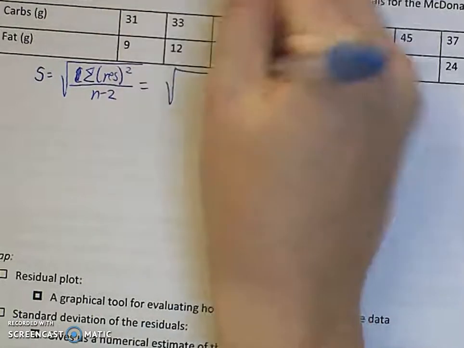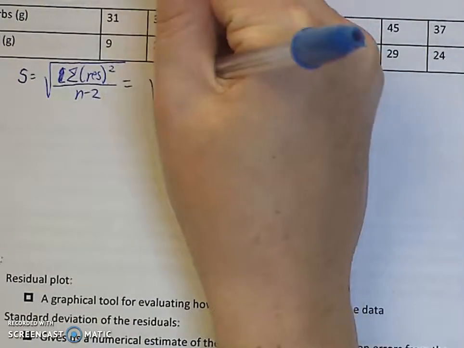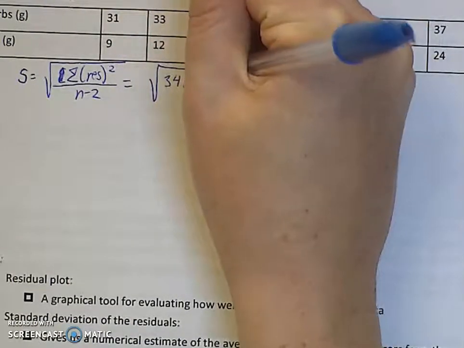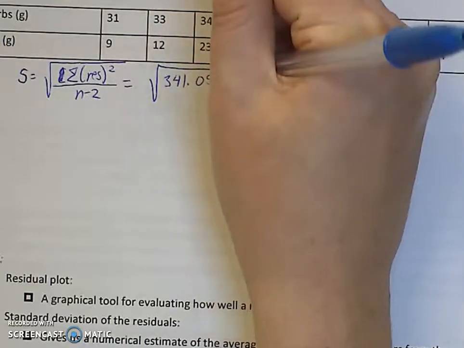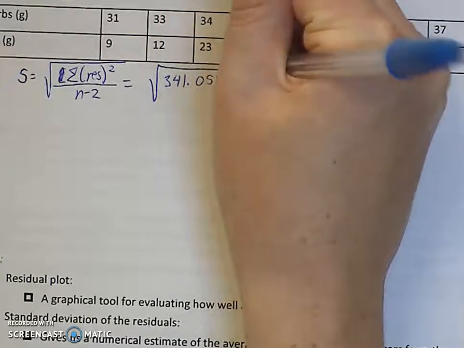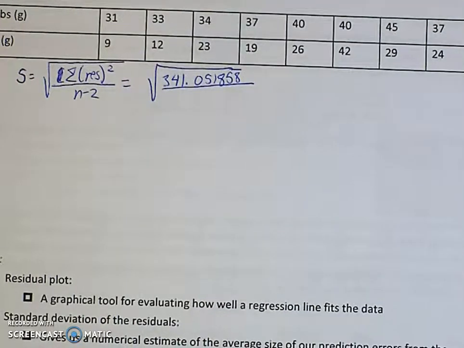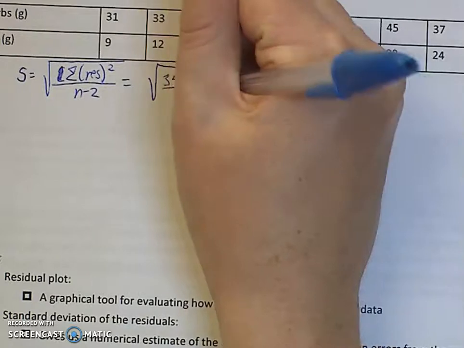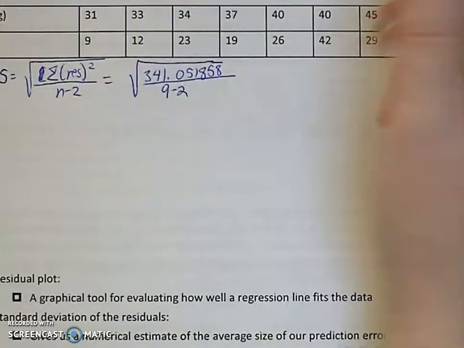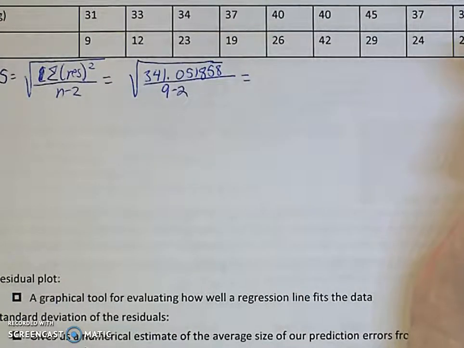So I've got the square root of 341.051858. Might as well write them all. Be exact. And I'm going to divide by the number of pairs minus 2. So there's 9 numbers minus 2. So plug that into my calculator.